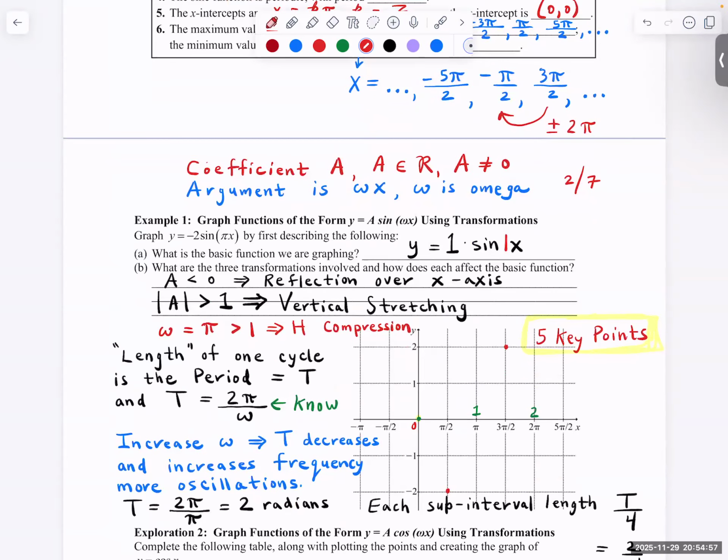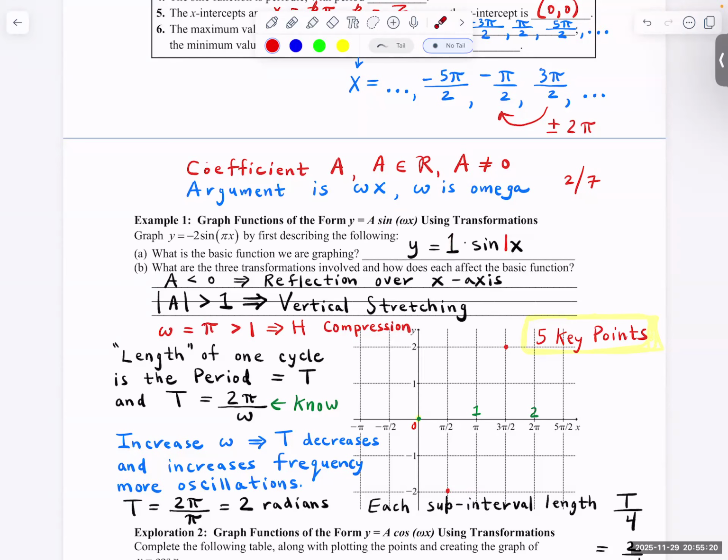In example 1, we're going to graph functions of the form y equals coefficient capital A sine of omega x using transformations. Capital A is the coefficient of the function, and in the basic function the coefficient is 1.